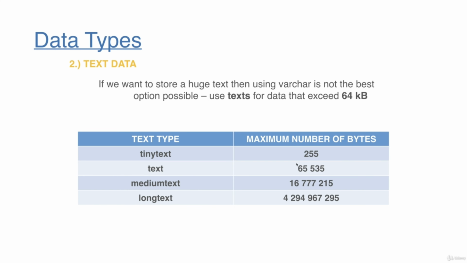The text is very similar to a varchar because we can store up to 64 kilobytes of data. The medium text is approximately 16 million bytes of data, and the long text can store up to approximately 4 billion bytes of data.